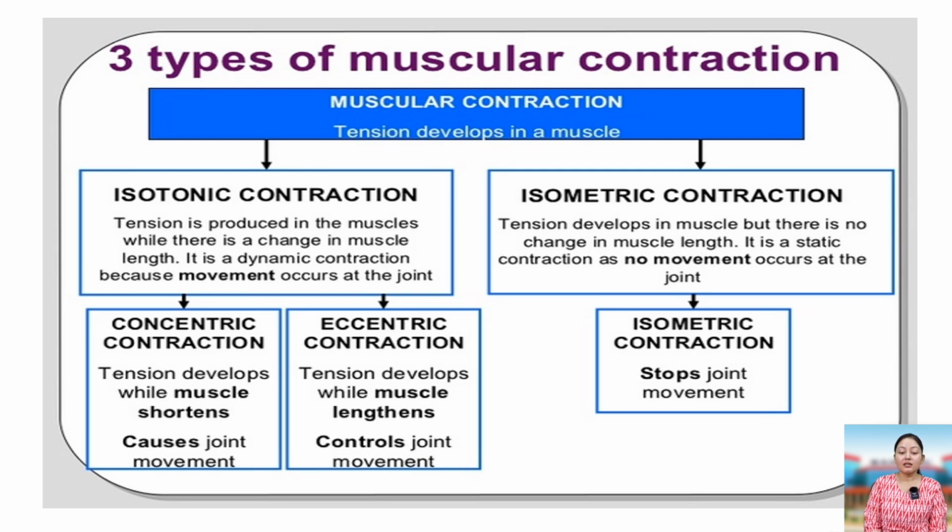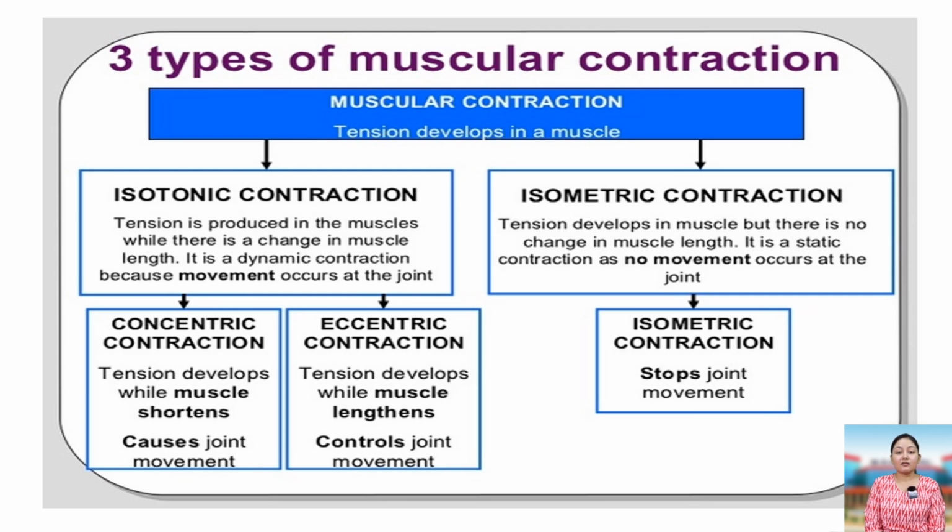First is concentric and second is eccentric. In concentric contraction, tension develops while the muscle shortens, and this causes joint movement. But in eccentric contraction, tension develops while the muscle lengthens, so this controls the joint movement.